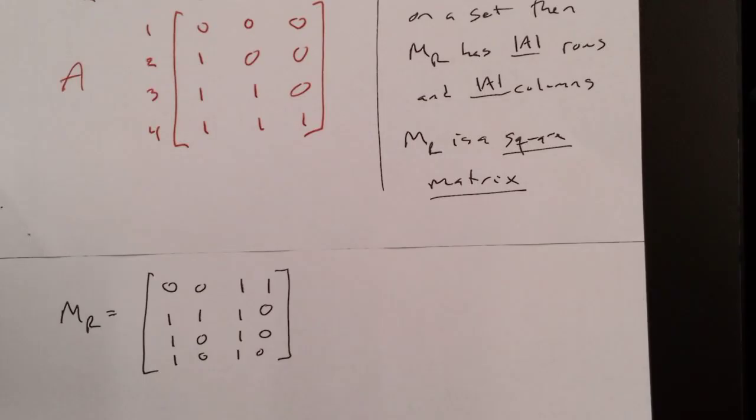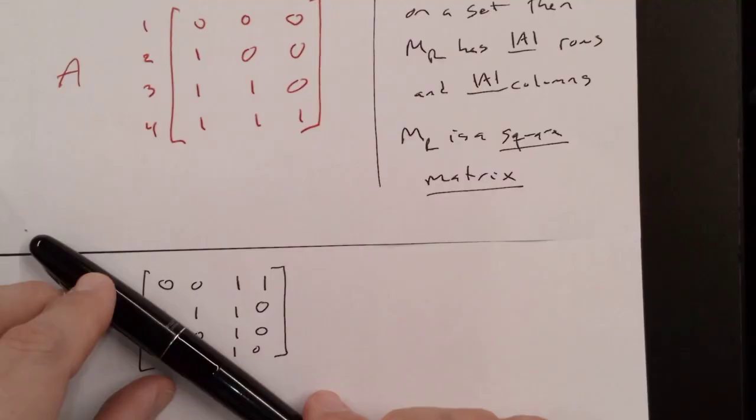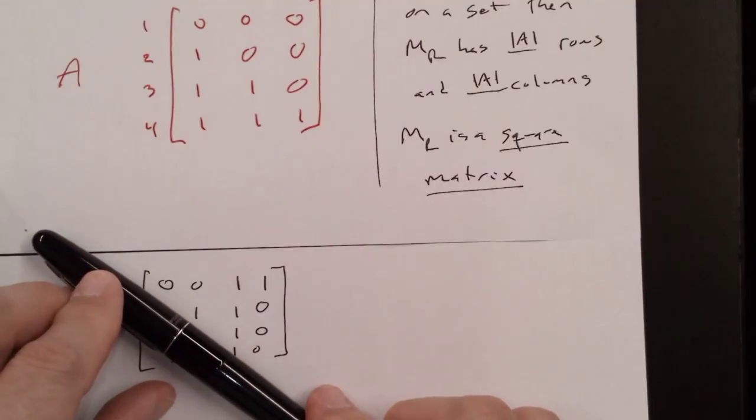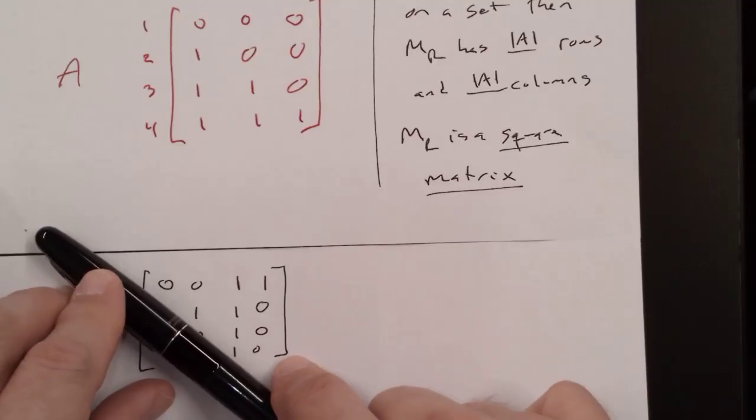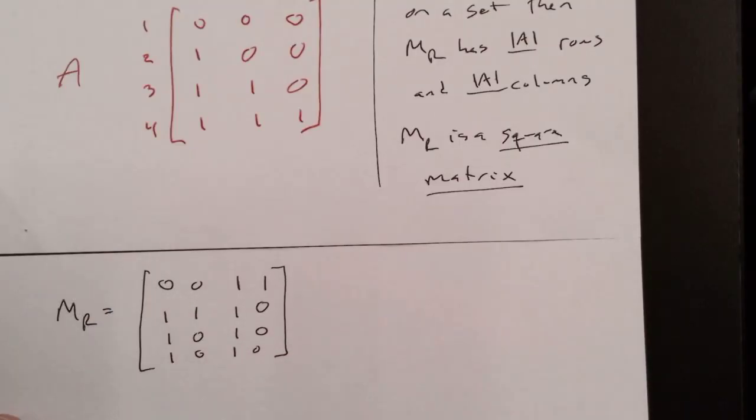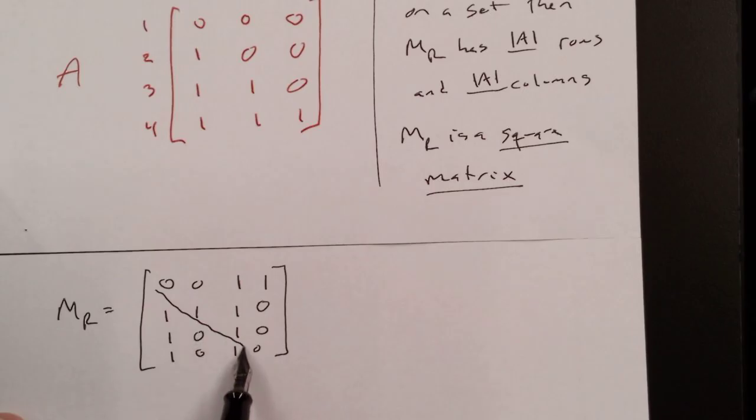But how from here can I tell if this is reflexive? Because that's 1, 1 and 2, 2 and 3, 3 and 4, 4. I'm even going to name that stretch. I'm going to call those the entries on the main diagonal.